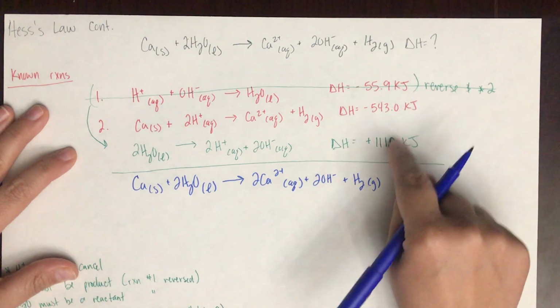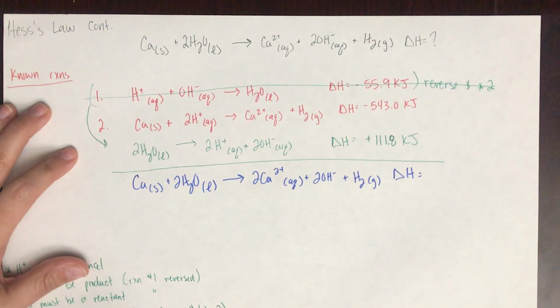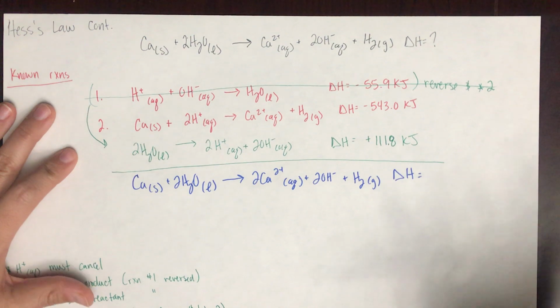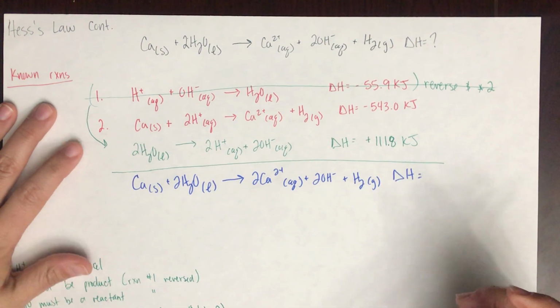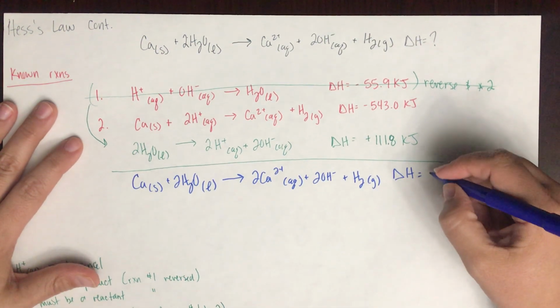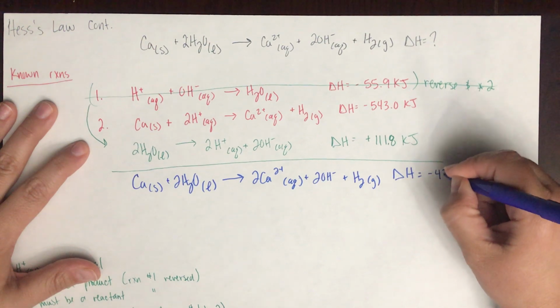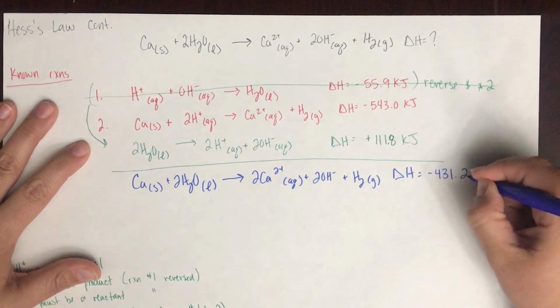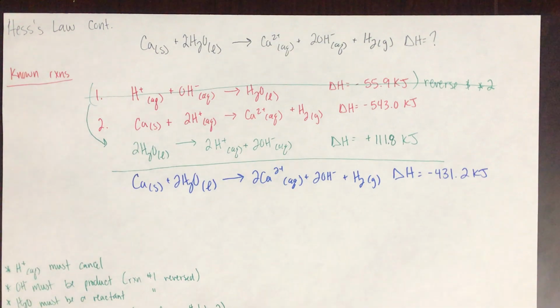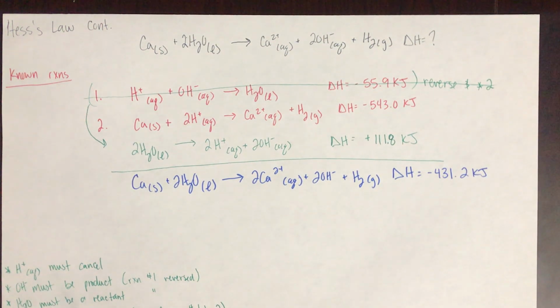Now I'm going to add these two numbers together. Negative 543 plus positive 118.8. You should get an enthalpy change of negative 431.2 kilojoules. So that's Hess's law of summation. You'll be given a reaction where we cannot calculate the enthalpy change easily.